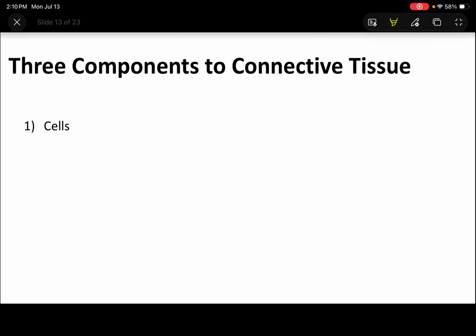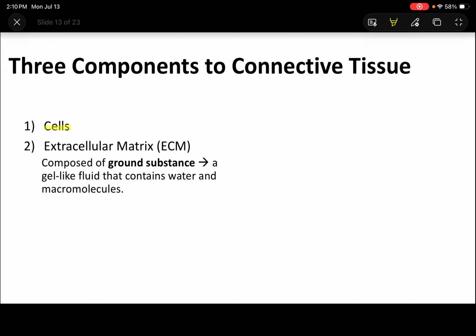The three components we see in connective tissue are the same ones we saw before. It's made up of cells, primarily fat cells and fibroblast cells. Additionally, connective tissue has a lot of extracellular matrix. Remember, our epithelial tissue didn't have very much of this.